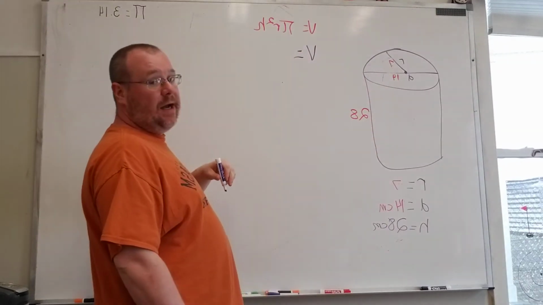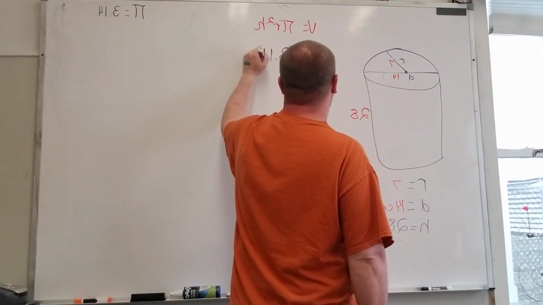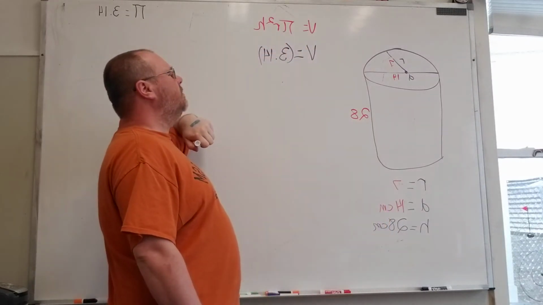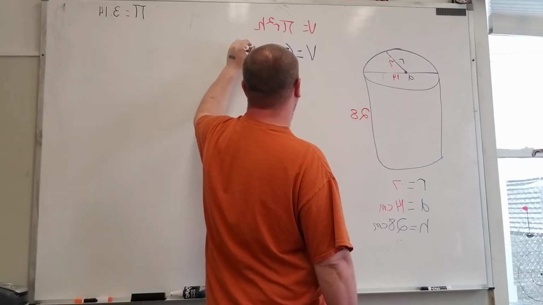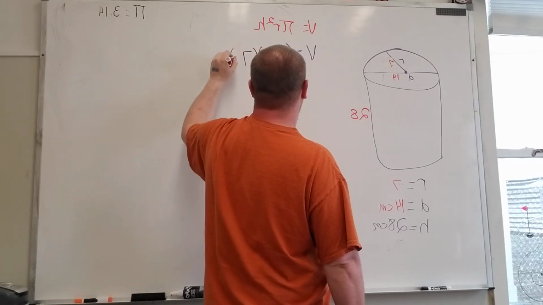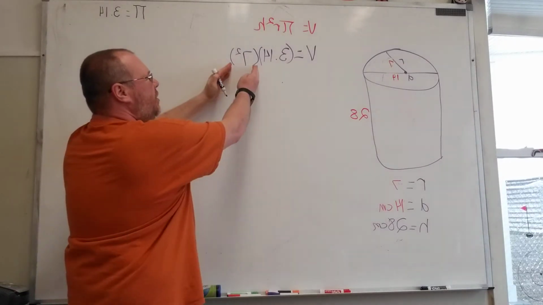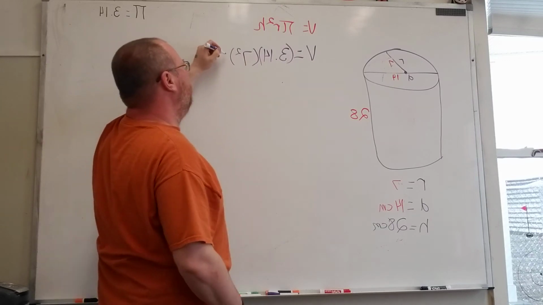Do we know pi? We do know pi. Do we know the radius? The radius is 7. So we're going to do 7 squared. Now we could do this step on the same line, but let's take it a little bit slower.